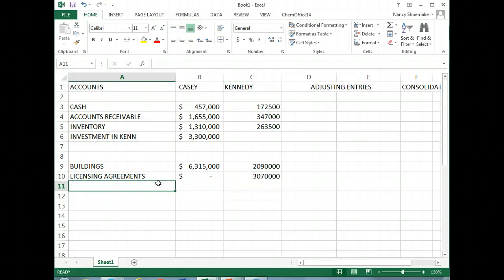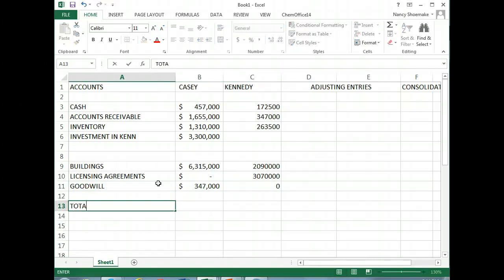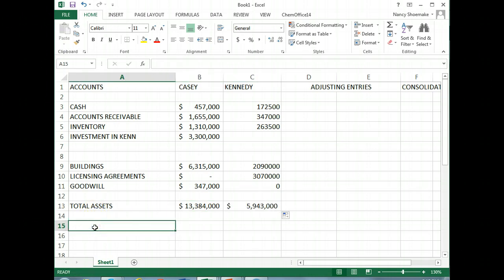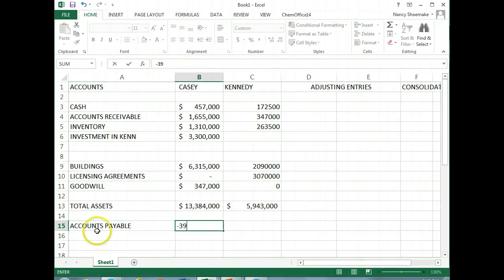Next one, goodwill. Casey, 347. Next one, total assets. Okay. Then we've got accounts payable. Minus 394.